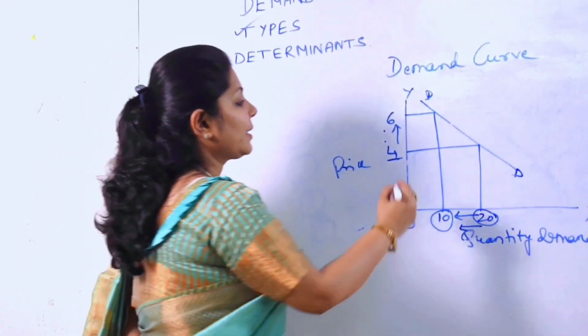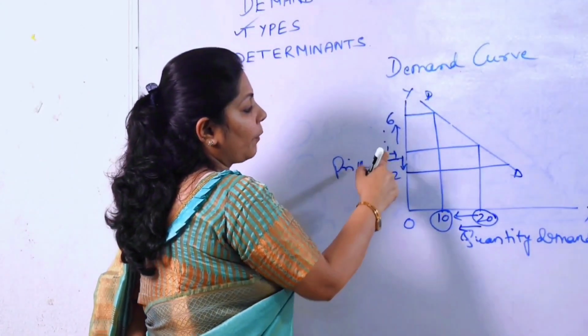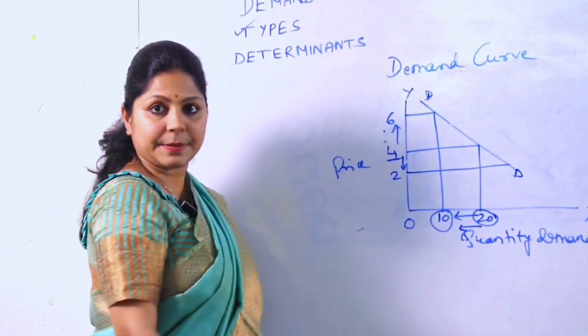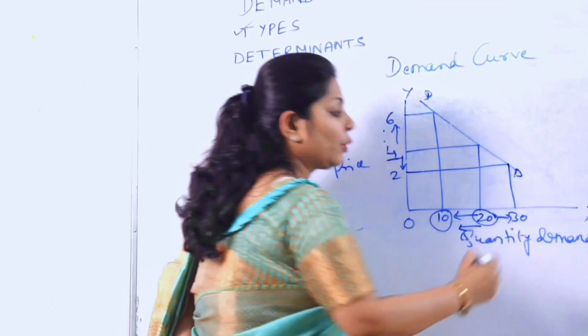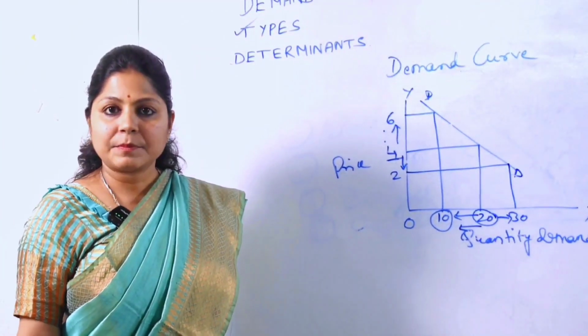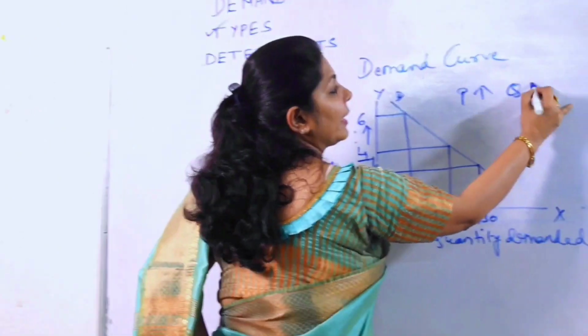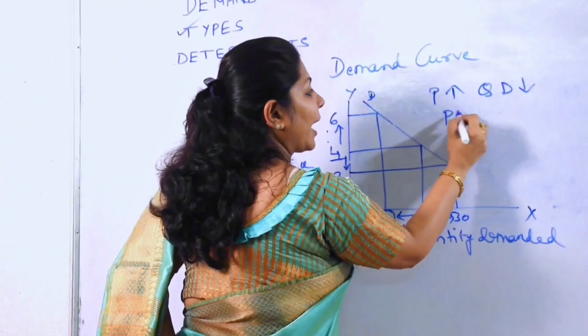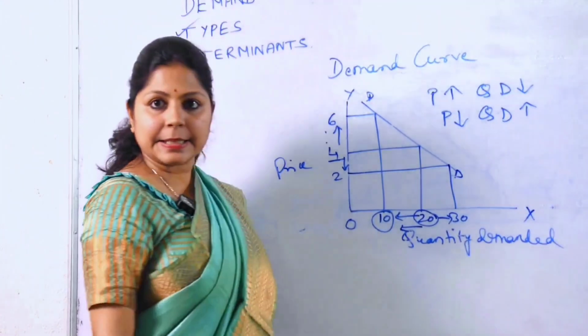Now another thing is, when the price of the commodity falls from 4 to 2, the quantity demanded has increased from 20 to 30. This shows that when the price of the commodity increases, quantity demanded falls, and when the price falls, quantity demanded rises.